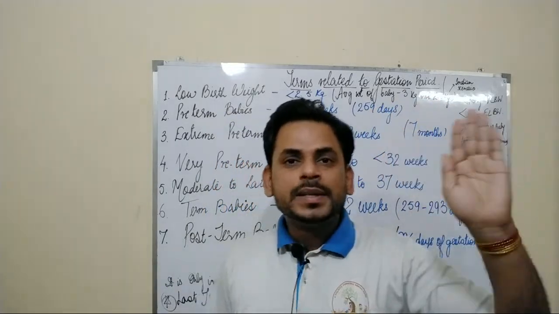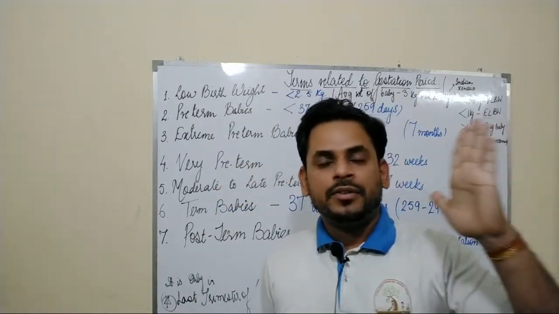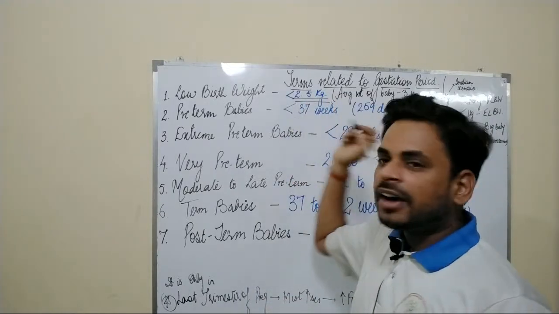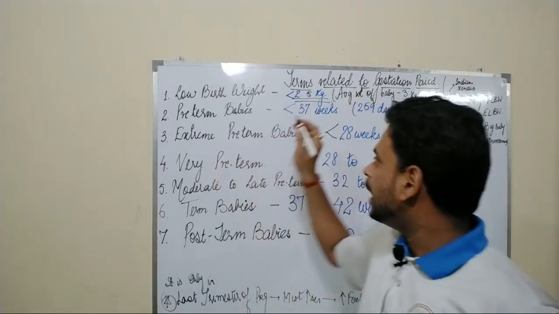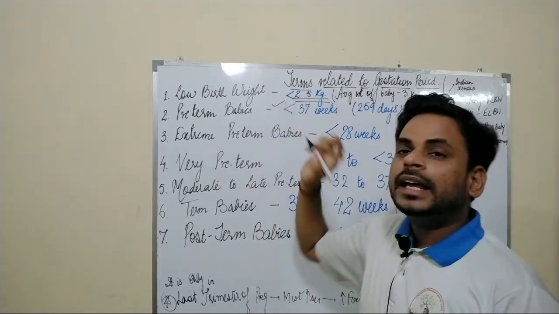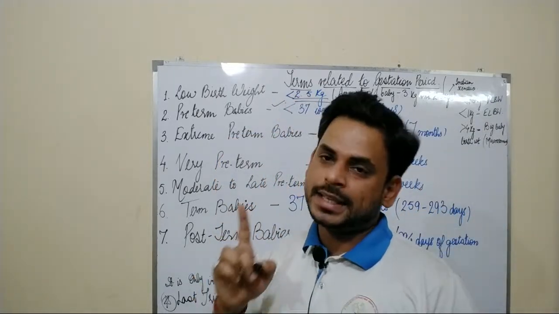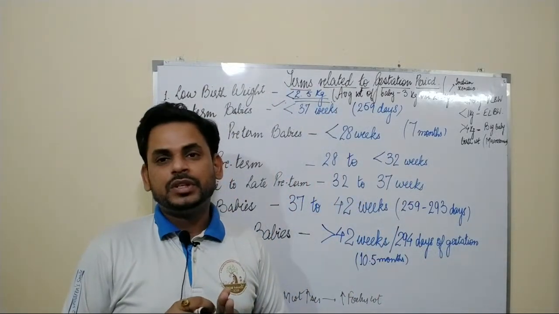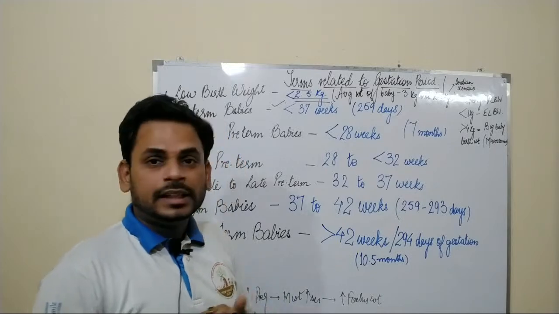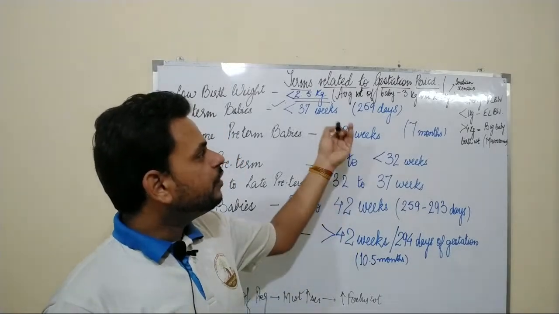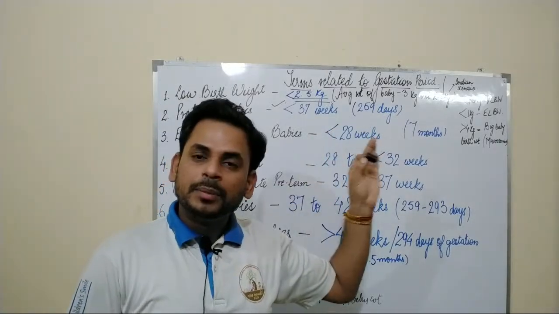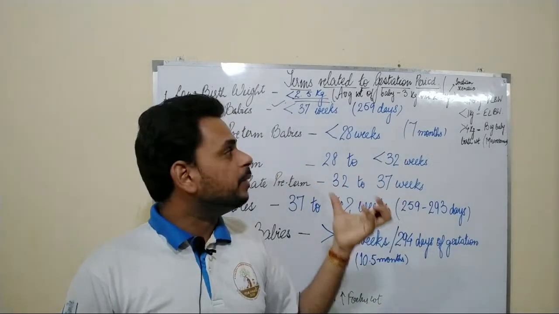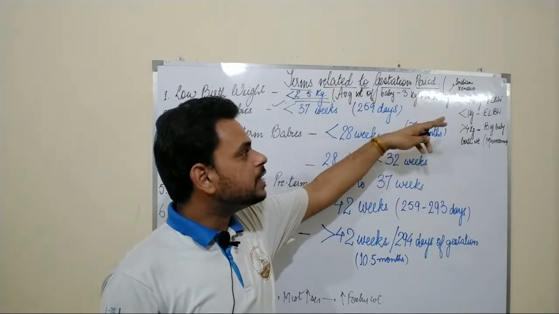If a baby is born with a weight of less than 2.5 kgs, the baby is termed a low birth weight baby, because in the Indian scenario the average weight of a baby is about 3 kg.